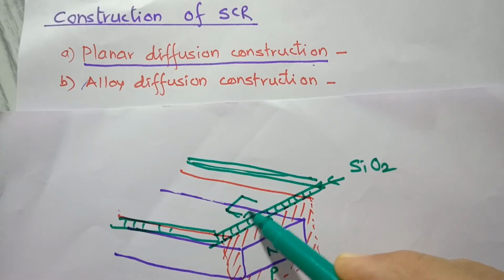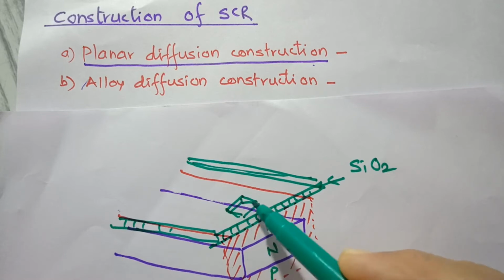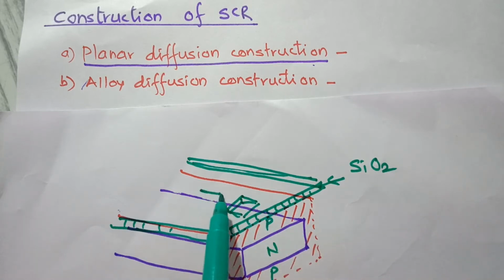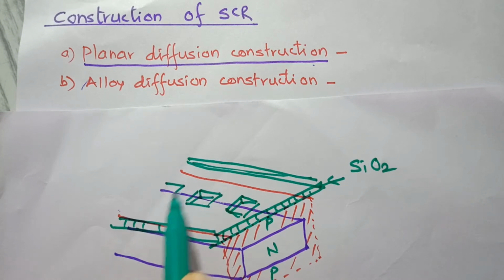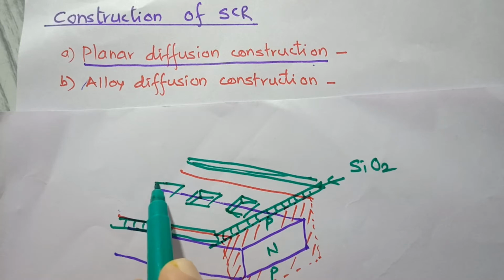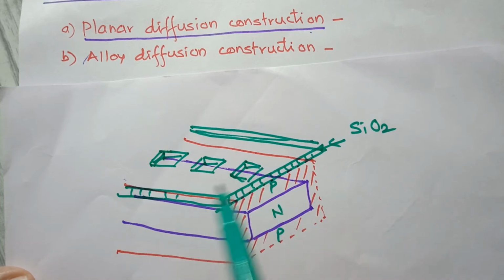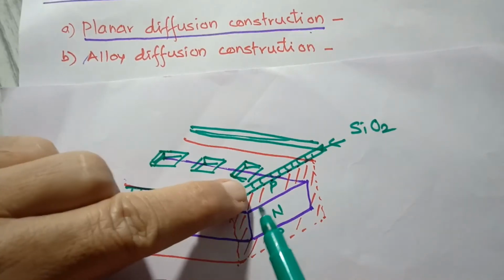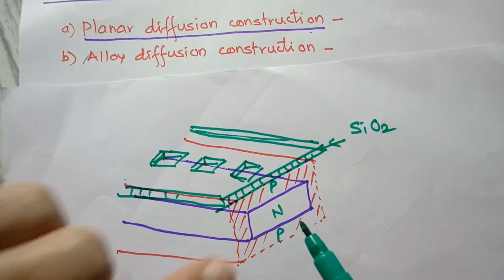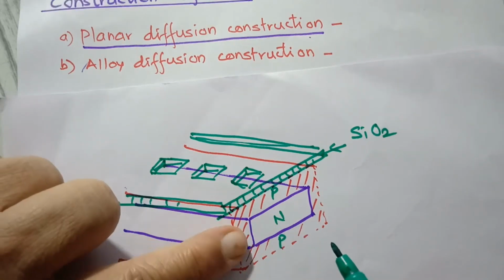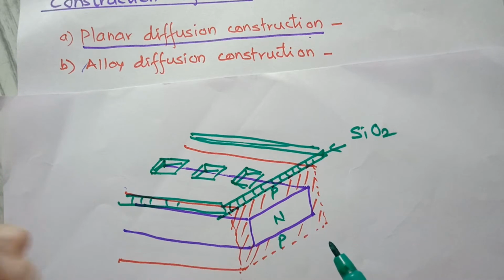So in the mask we keep some windows, say window 1, window 2, and so on. So by taking a large slice of this PNP wafer, then it is masked, and this is on so micro level that you can have hundreds of such windows, right? So using a single slice you can get hundreds of SCR.